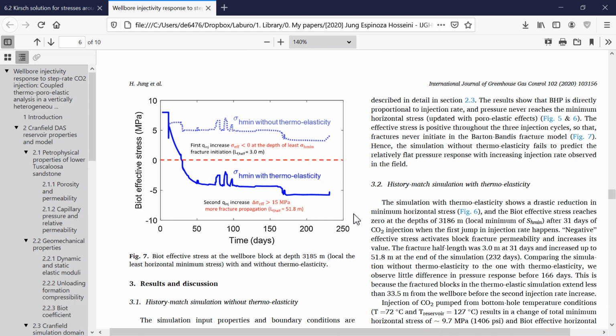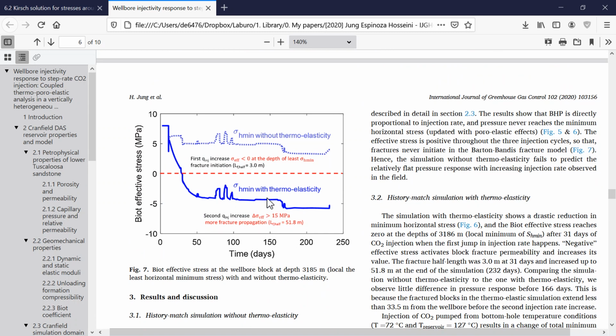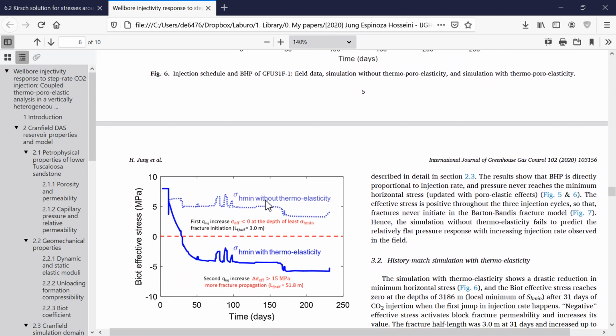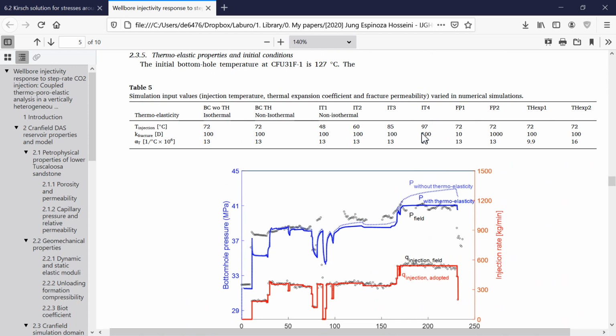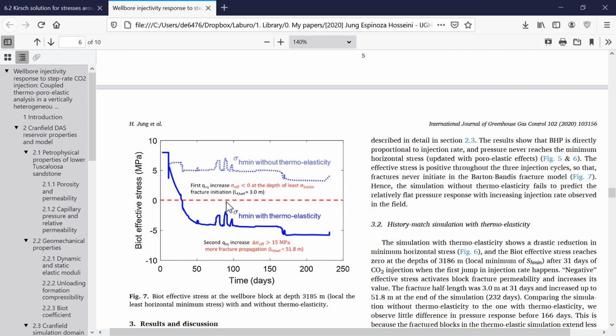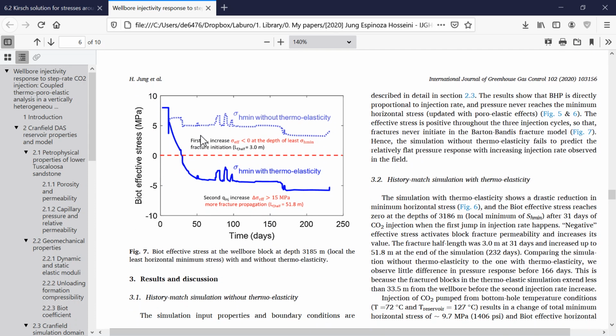And this is what you see in this plot as well, in which actually the fracture starts earlier, but it gets just very large at around this time, and in which the effect of thermal stress relaxation produces a change of horizontal stress near the injector of several megapascals. And this is combining the effects of poroelasticity and thermoelasticity. So this is just one with poroelasticity, this one is with thermoelasticity.